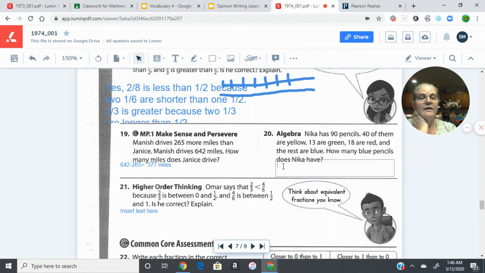So we're going to have 40 plus 13, so 53, so plus 10 more would be 63, plus 8 more would be 71. So we're going to do 90 minus 71 would equal 19 blue pencils, because we knew what all the other ones were. We just didn't know what the blue was. Look, we typed it in blue.